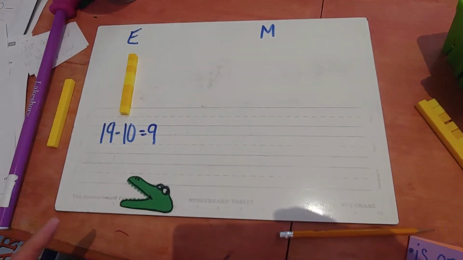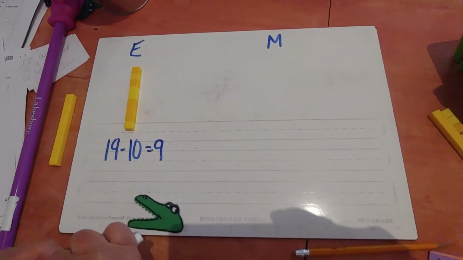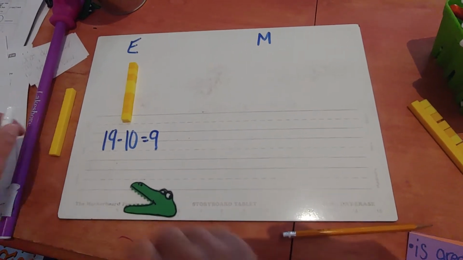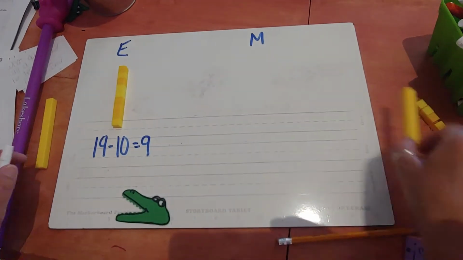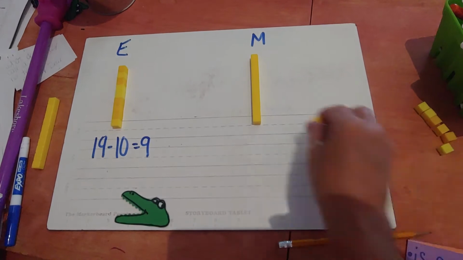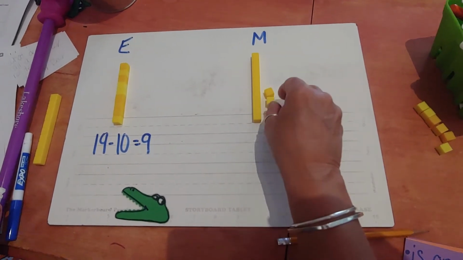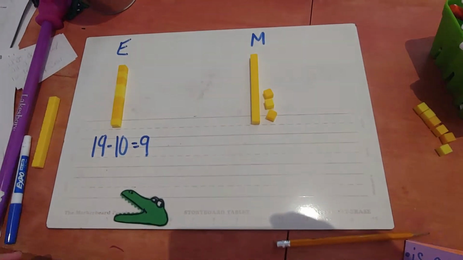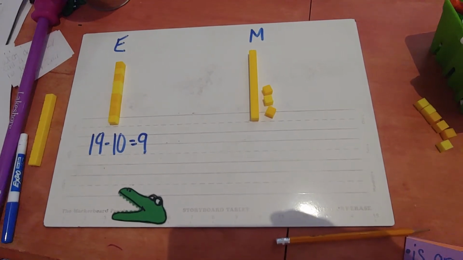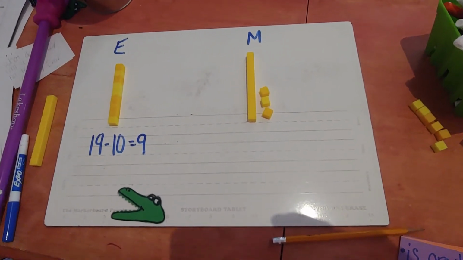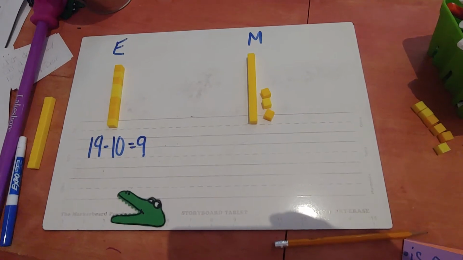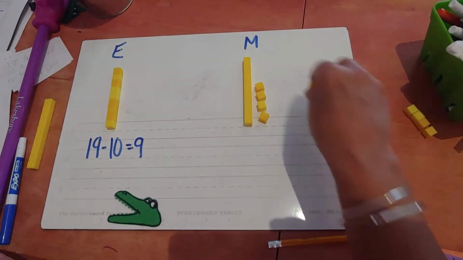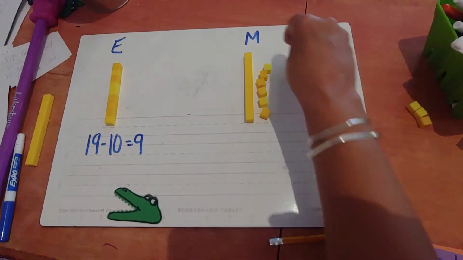And Michael over here, he had 13. So let's give Michael 10. 1 ten and 3 ones. He had 13. And then he wasn't tired, so he picked some more. He picked 7 more. 1, 2, 3, 4.